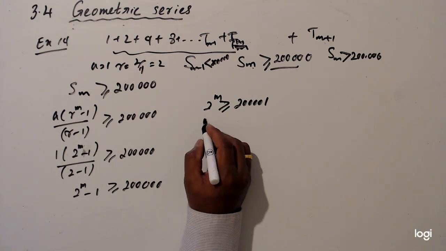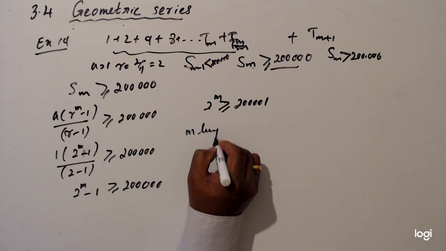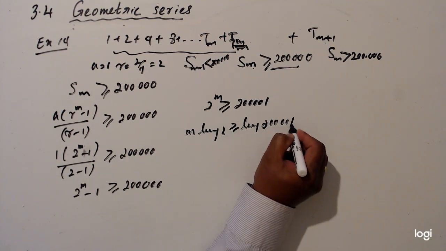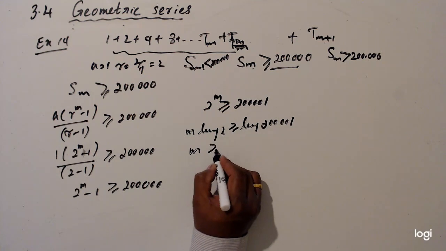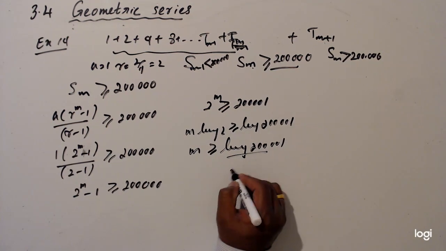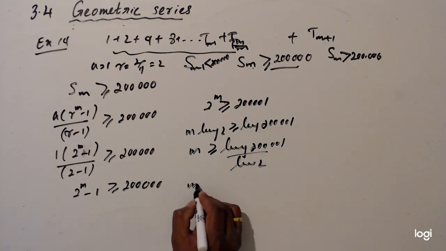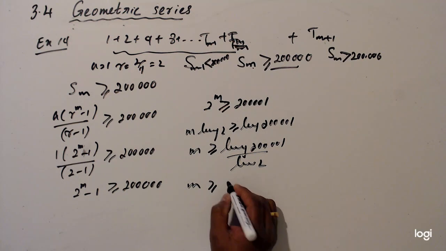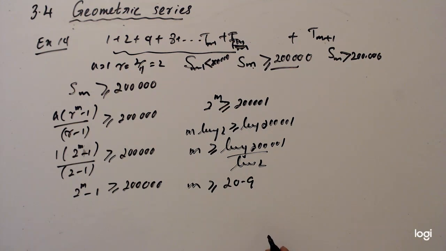Then logarithms: m log 2 equals log 200,001, then m is greater than or equal to log 200,001 over log 2. The book answer is 20.9. It means m is 21.